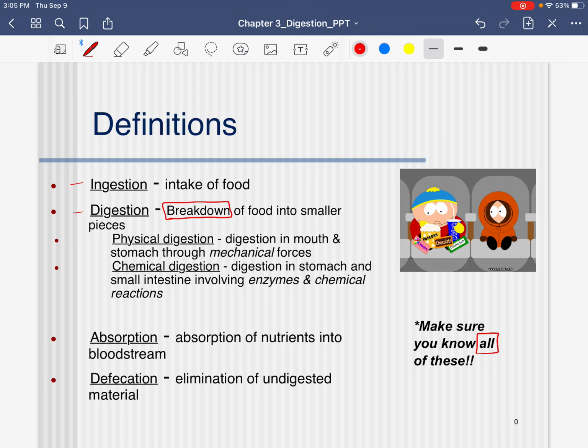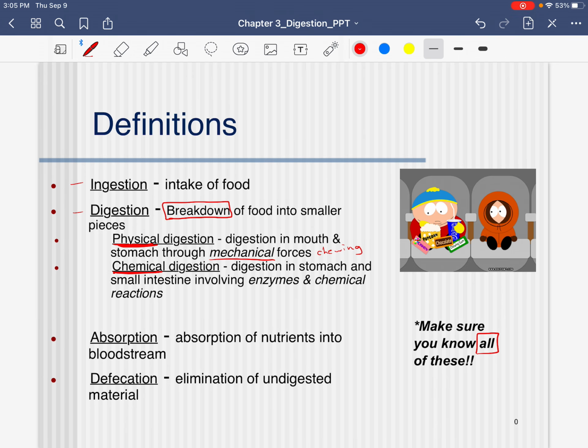Of course, the idea is we bring in something big, take a bite of a sandwich, and we digest it. We break it down into smaller pieces. Now, we can perform digestion either through physical means or through chemical means. So physical digestion would be to break down food using mechanical forces, such as chewing.